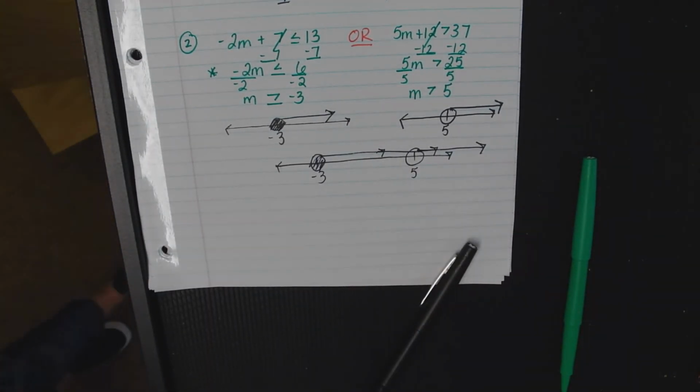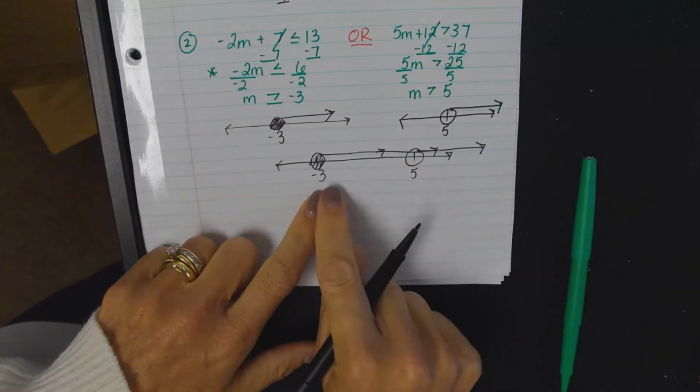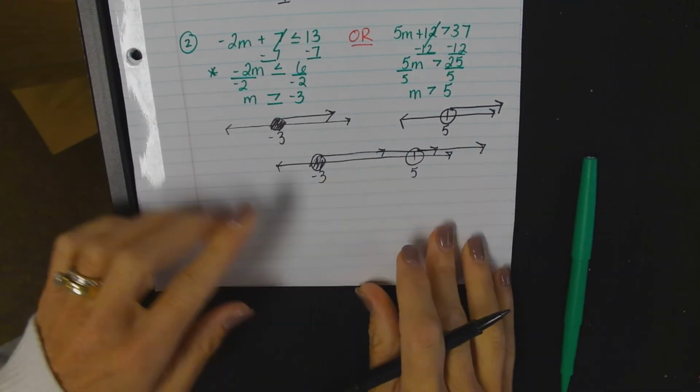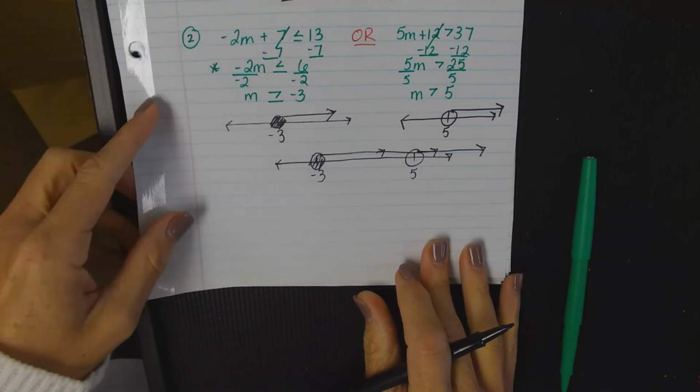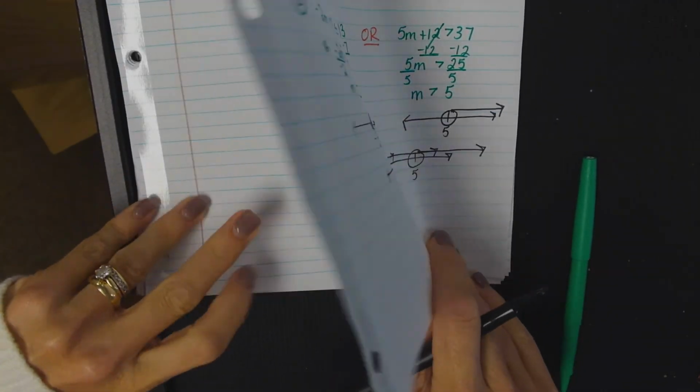That's messy. So basically, it's everything greater than negative 3. You see that? Okay. One more, and then I'm gonna let y'all go.